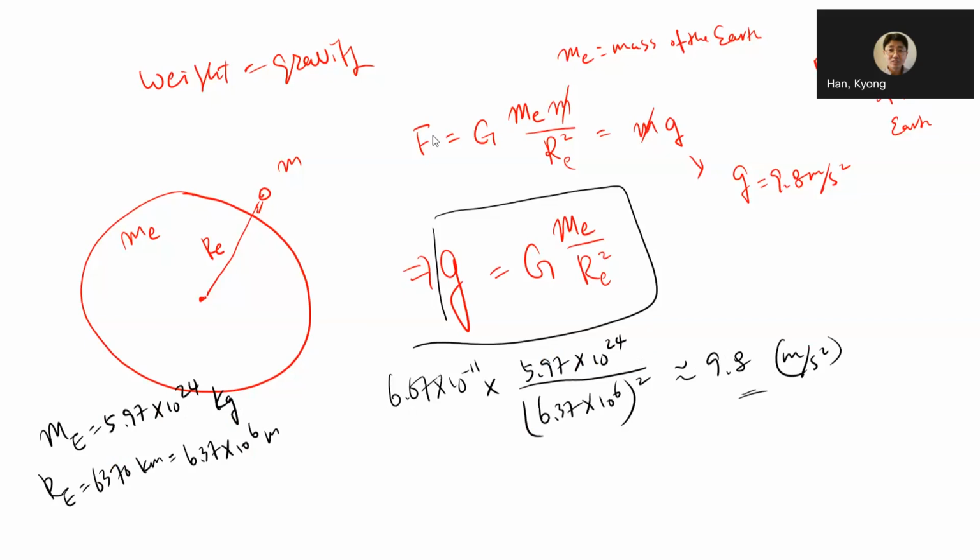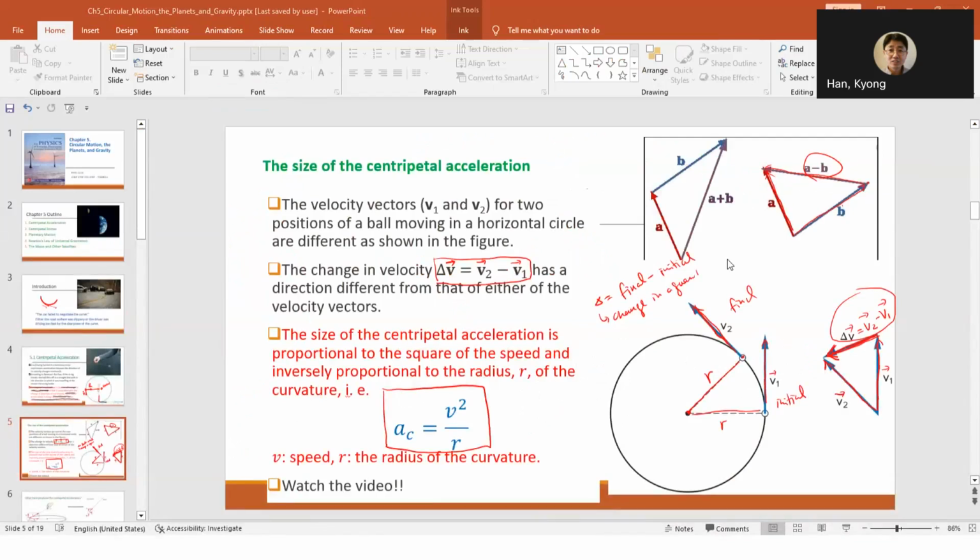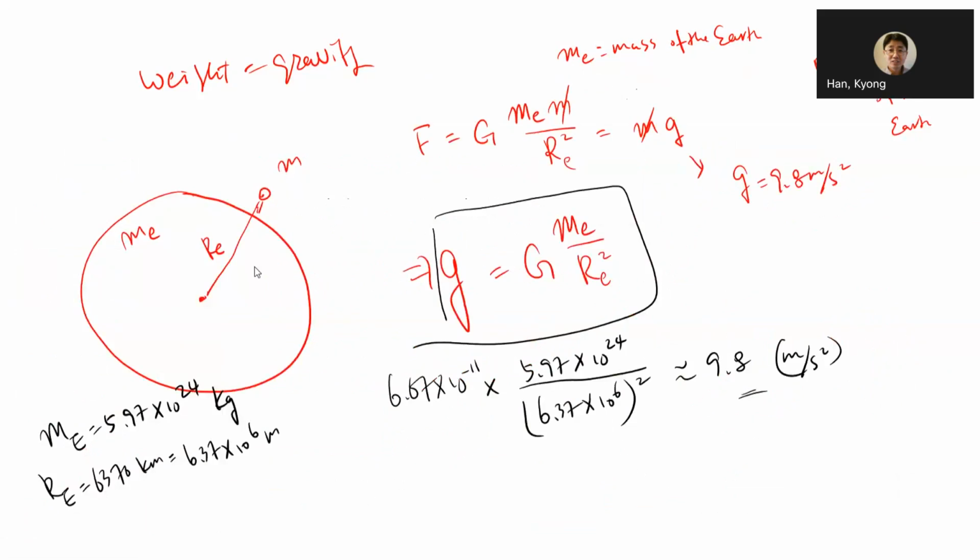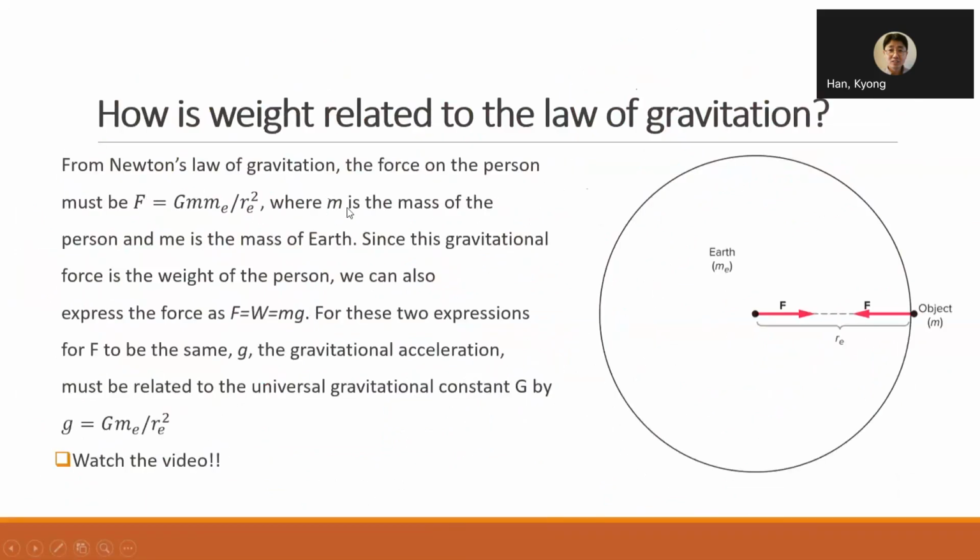On the slide, where's the slide? I cannot find the slide here. In Newton's law, m is the mass of the person, and the other M is the mass of the earth. It's not me, so this should be changed.